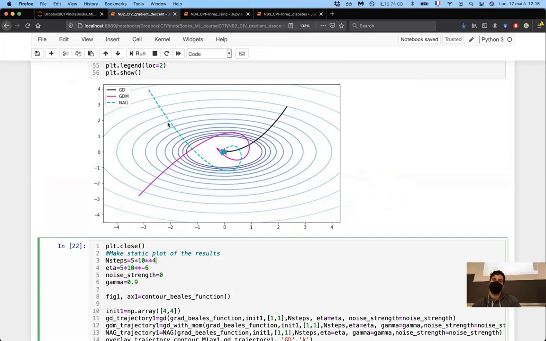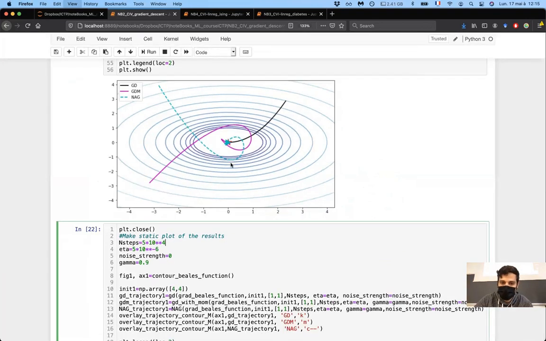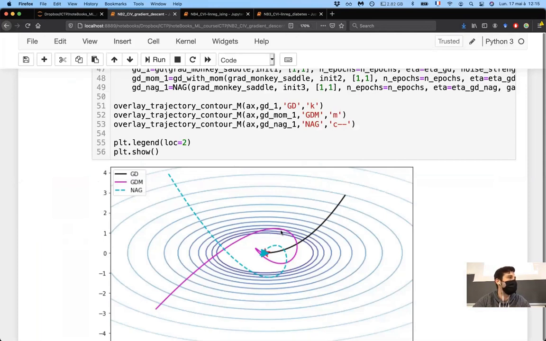Okay, now you see inertia entering into the game, right? So you see that here, for example, let's say at this point of the dynamics for gradient with momentum, the gradient is pointing down to the minimum, yet you will continue along that direction due to inertia, right?